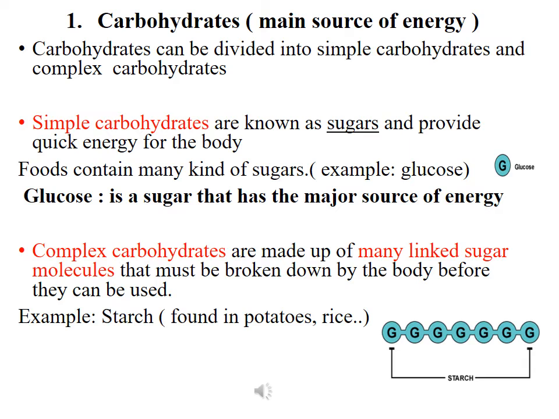An example is glucose. However, complex carbohydrates are made up of many linked sugar molecules that must be broken down by the body before they can be used. An example is starch. Look here, the starch is made up of several glucose molecules linked to each other.